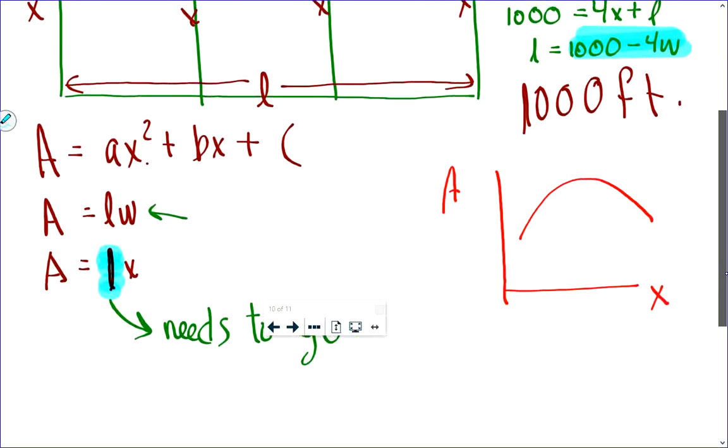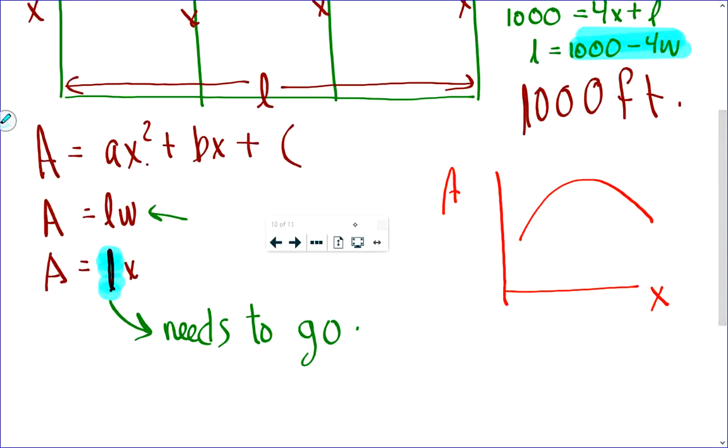Now we're going to have area equals L, which is that thing up there, 1,000 minus 4W, times x. Do you see what I've done there? I've toggled up here. It was x and I changed it to w. It's x. Hey, I don't care if you want to use w, use w.